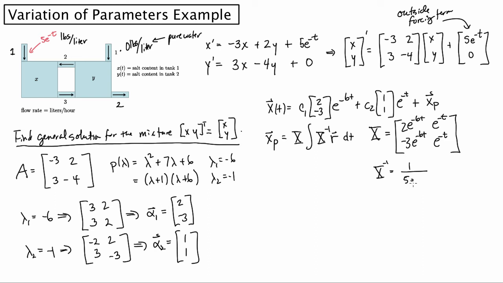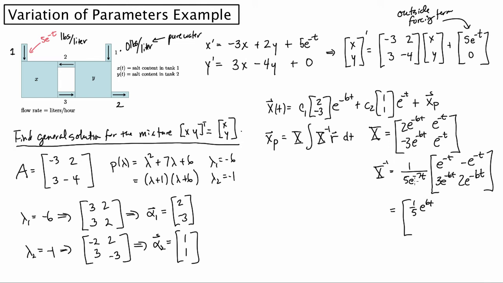So this is going to be 5 e to the -7t for the determinant, times the matrix where I switch the diagonals, and then I negate the off diagonals. So altogether, once this is calculated, you end up with 1/5 e to the 6t.